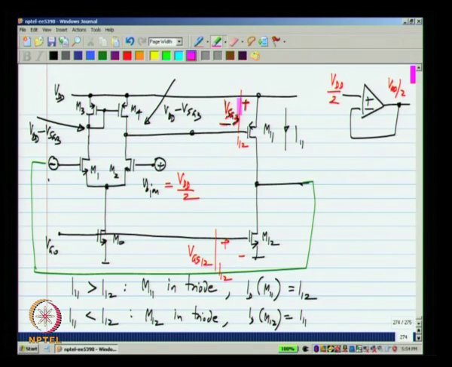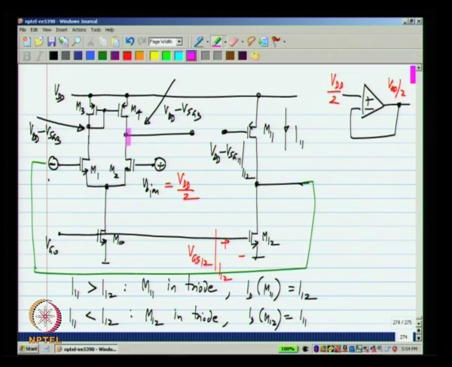Now, we know that in the balance condition, the differential pair by itself would give you VDD minus VSG3. The voltage required at the gate of M11 would be VDD minus VSG11 for a current of I12, whatever that is. We say that the two currents are the same, of course, and they are both in saturation region.